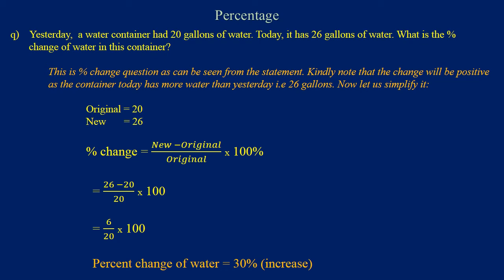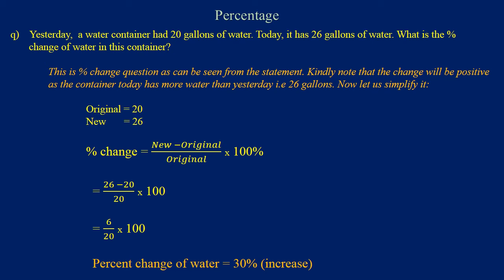Now, this question does not tell us if there is a percentage increase or decrease, but because the change is from 20 to 26 gallons of water, therefore our answer would be with a positive sign, right? Our answer would give us an increase in the container, right?